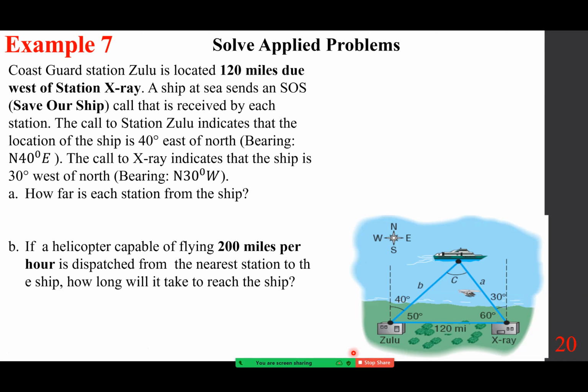Well, here's the setup. Everybody can see the setup here. And so first and foremost, if this is 50 and this is 60, we can find the value for C, which means 50 plus 60 subtracted from 180.